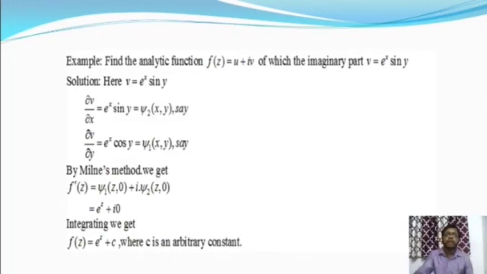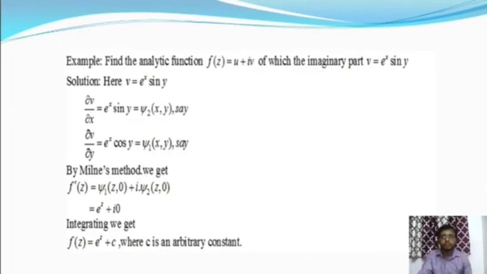That means we'll apply the Milne-Thomson method for finding the analytic function. So here v is given, and u is not given in this problem. So v is equal to e to the power x into sin y.